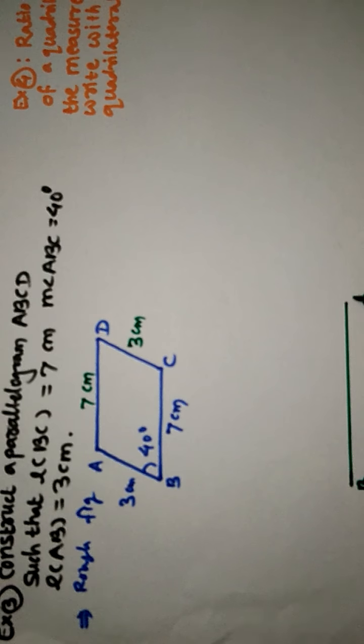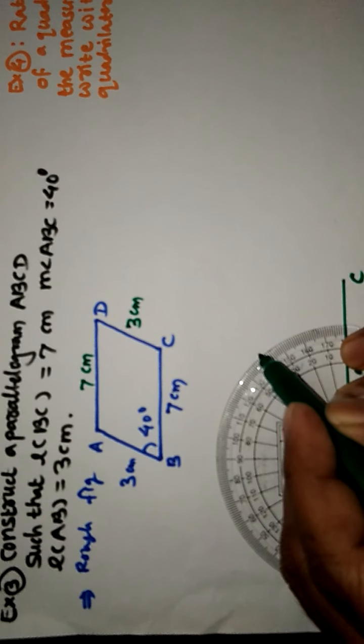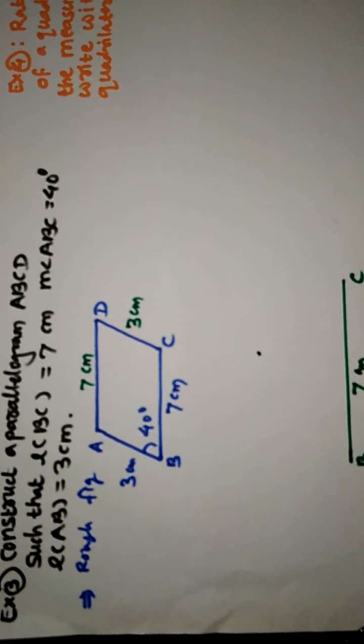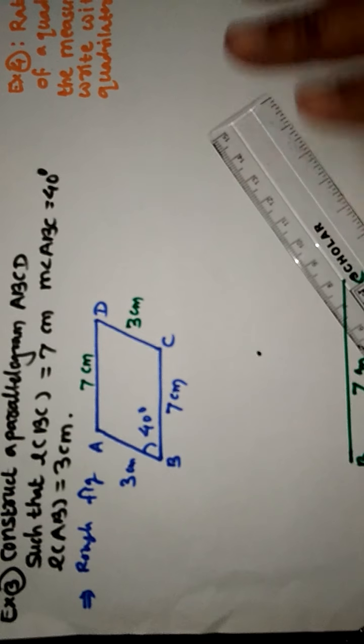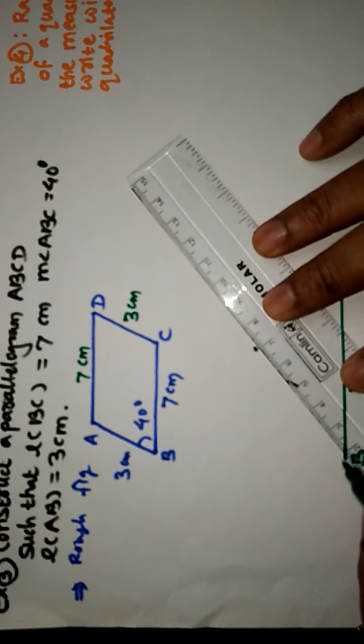This is BC, 7 centimeters. Then draw an angle ABC of 40 degrees. Note here, this is angle ABC, 40 degrees. Draw a ray.